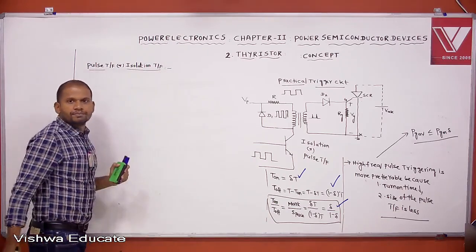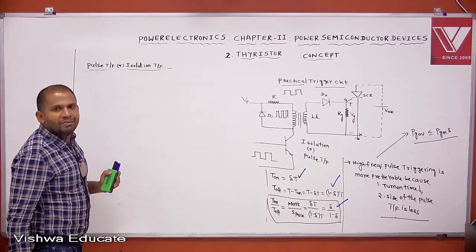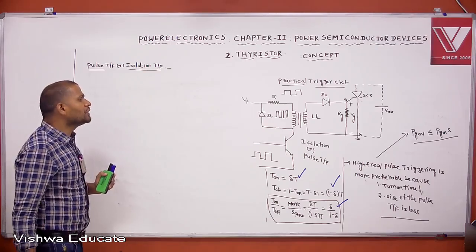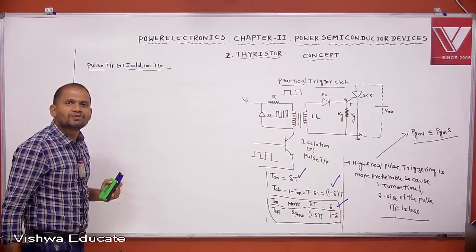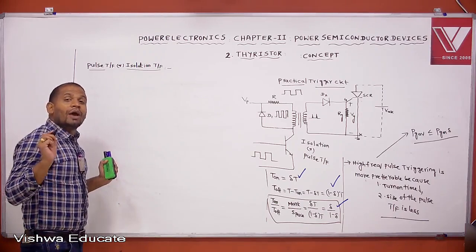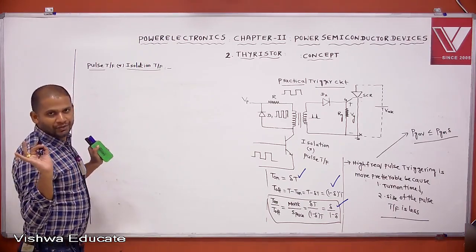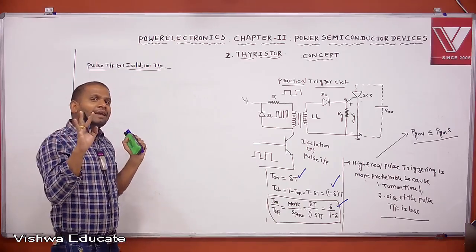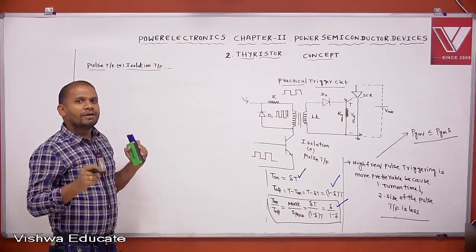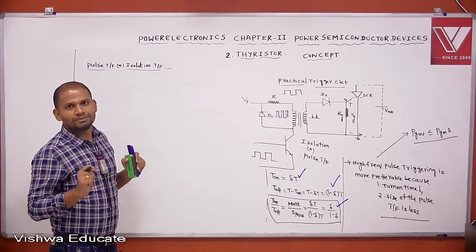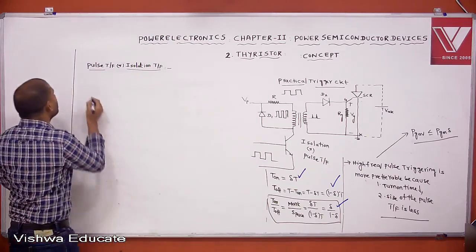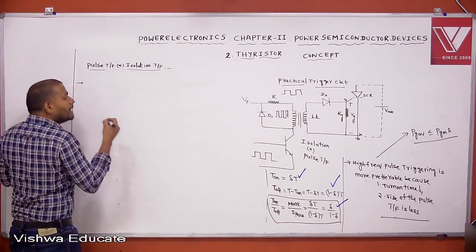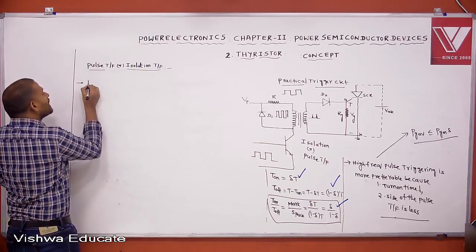The main purpose of using a pulse transformer or isolation transformer is to isolate the gate terminal and the power circuit. That is the purpose only. In DC triggering that is a drawback, while in AC triggering this is the advantage. Understood? That is the main purpose of using a pulse transformer.